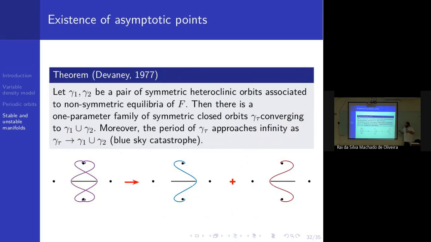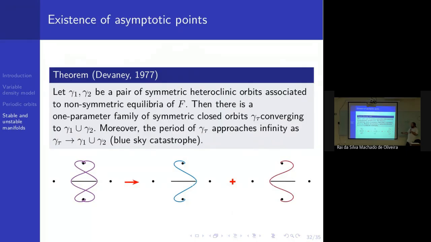And just some explanation, some relation I want to clarify between periodic orbits and heteroclinic orbits. Because in reversible Hamiltonian systems, we have this theorem that says, for every pair of heteroclinic orbits connecting two non-symmetric points, there is a family of periodic orbits converging to them. So remember that in the convex density model, we have this family, right?